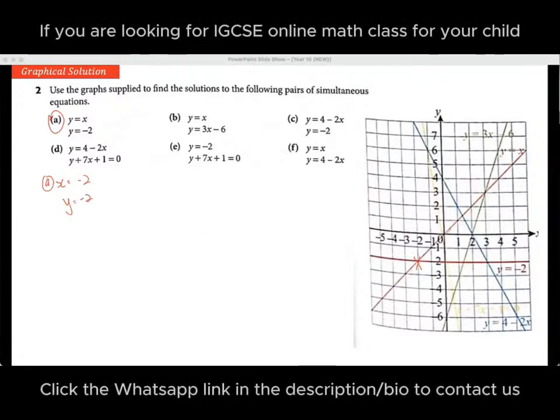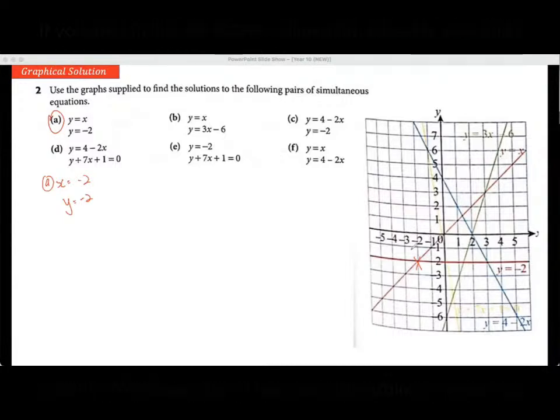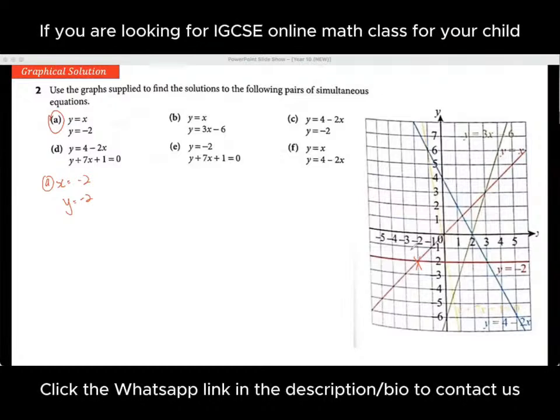Right? Because 0 is at the center here. Anything below 0, the y is negative. Anything on the left-hand side of the 0 is negative x. Okay, so question B. Sabrina, can you try question B?